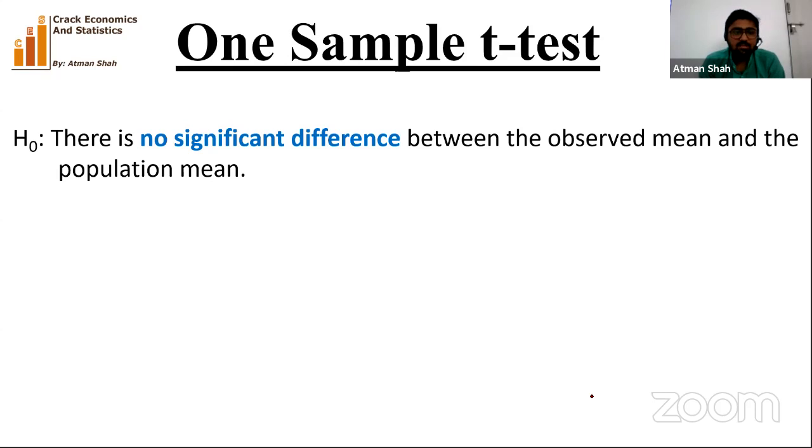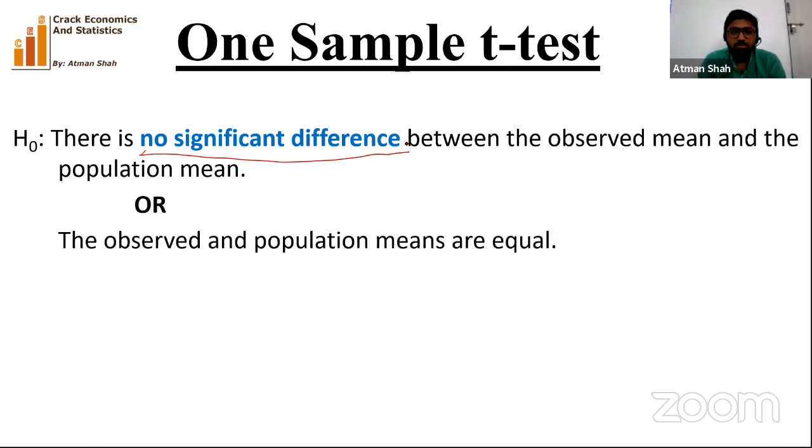The null hypothesis is there is no significant difference between the observed mean and the population mean, or the observed and population means are equal.